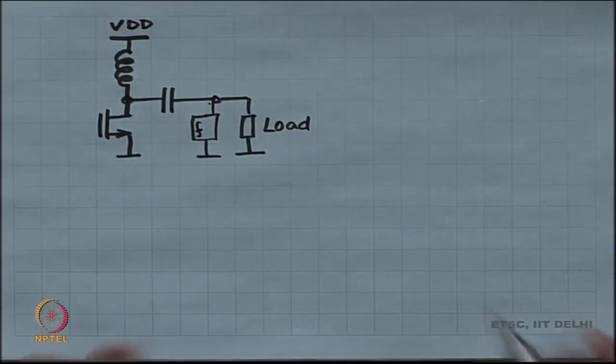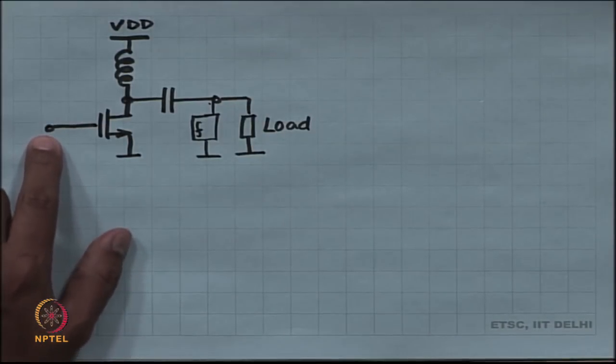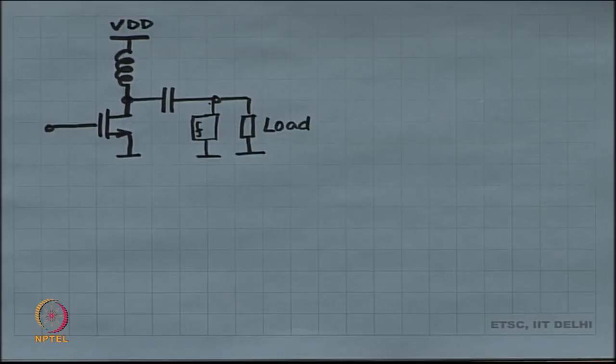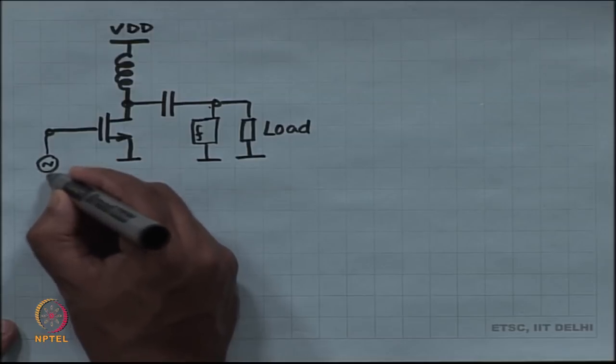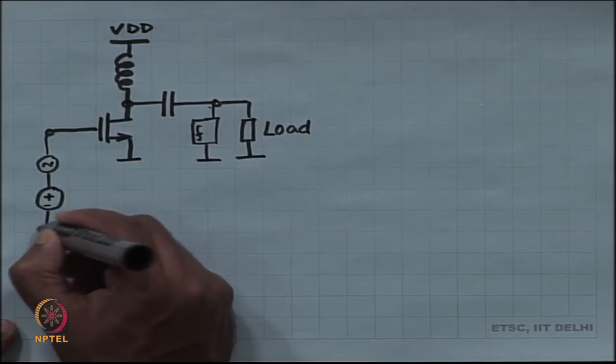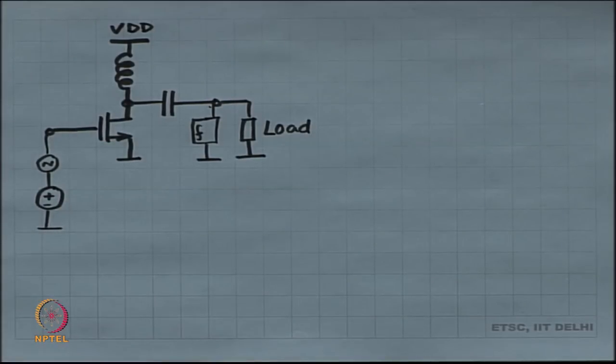F is a filter, okay, and my input has a bias voltage VGS plus a signal voltage, which is the actual input. And most of the game is in this bias voltage. So, you change the bias voltage, you get to select which class of amplifier you are going to be, whether it is class A, class B or class C or class AB, where you are in the picture depends on this bias voltage. Okay. So, this is what we have studied so far.